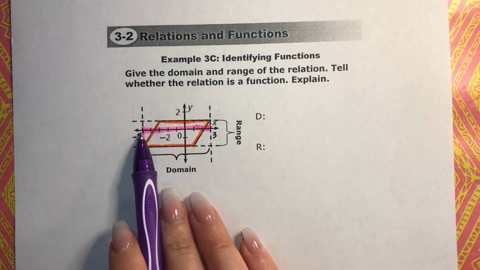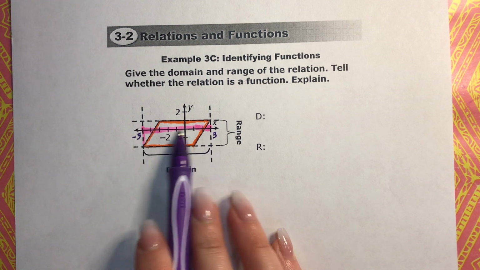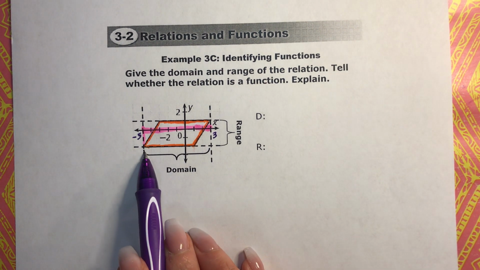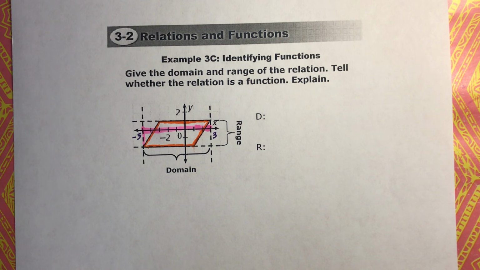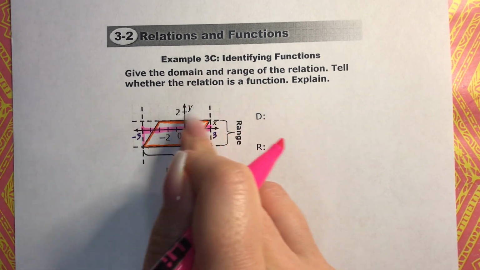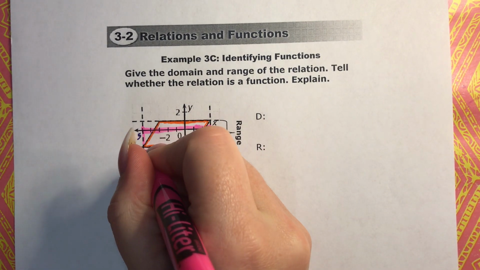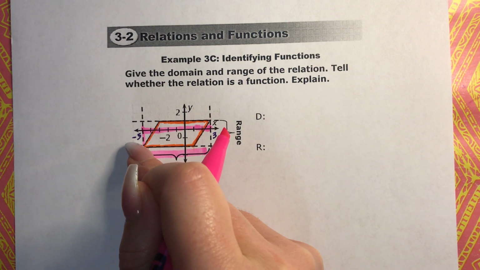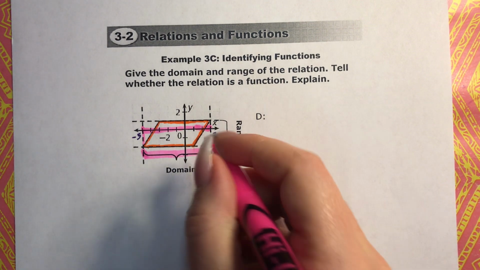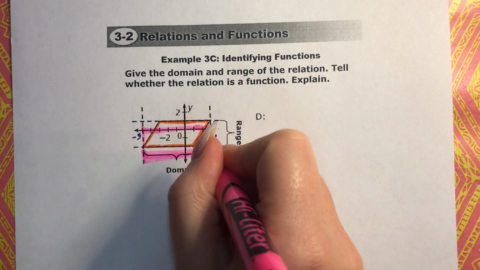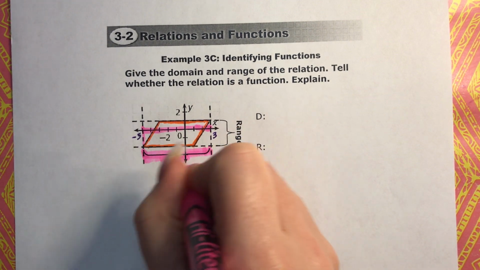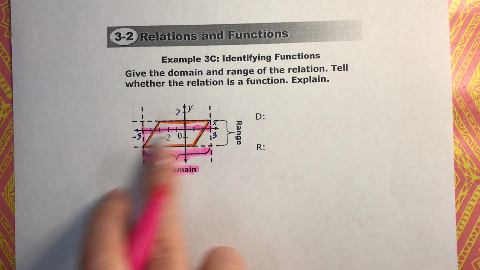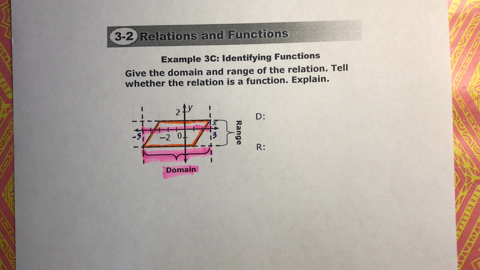Okay, so all the x values in the domain, this would be the entire domain region right here, from the farthest point on the left side to the farthest x point on the right side. All these values are the domain, okay? This actually ends up being an AND problem, so we need to write it like that.